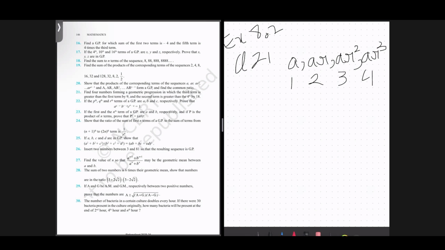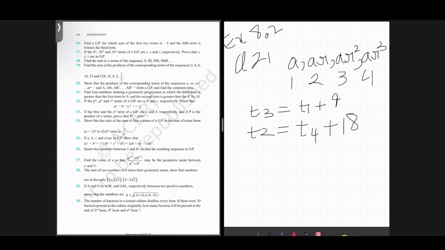Let us form the equations that have been given to us in the question. The third term is greater than the first term by 9, so T3 is equal to T1 plus 9. And the second equation is that the second term is greater than the fourth term by 18.